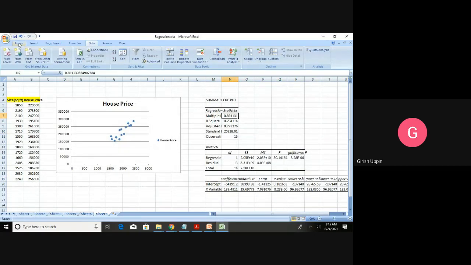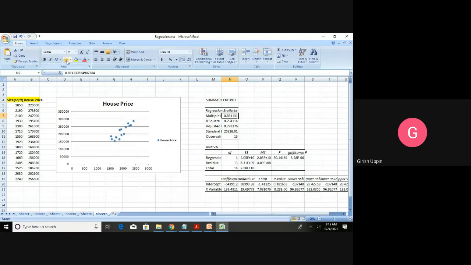Now you can see what I have is 0.891, and that is the R square, what was shown in the textbook. These are the values, and if you see the coefficients, this is minus 54,000 and this is 139.48. So this is how I get the equation.